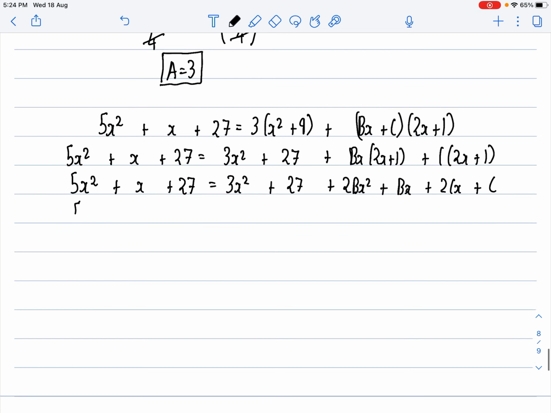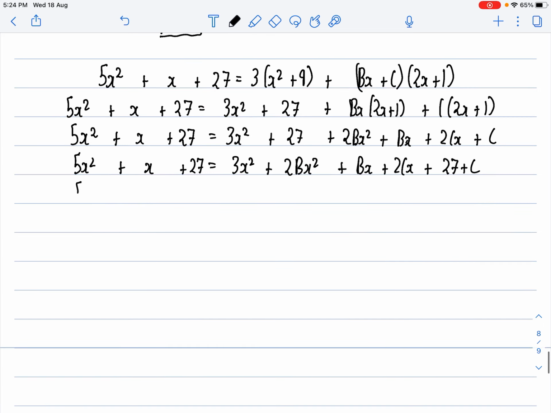Now rearrange, correct? So I get 5x square plus x plus 27, which is equal to 3x square plus 2bx square, plus bx plus 2cx plus 27 plus c.